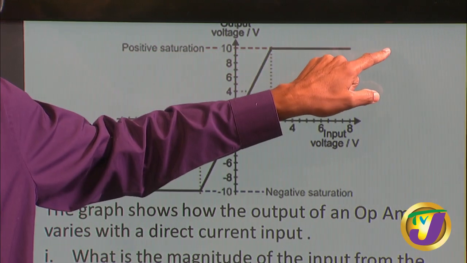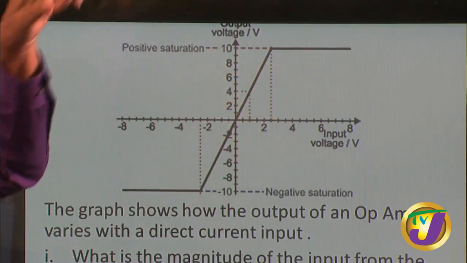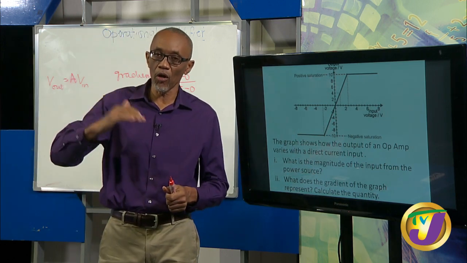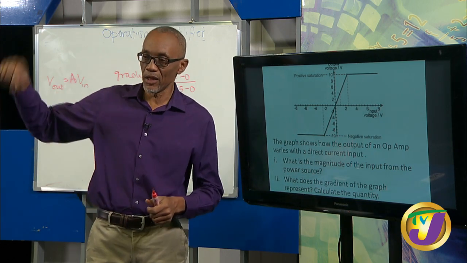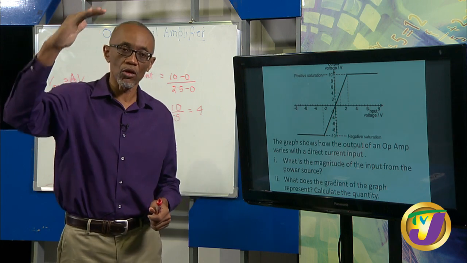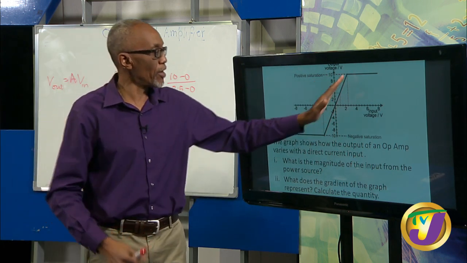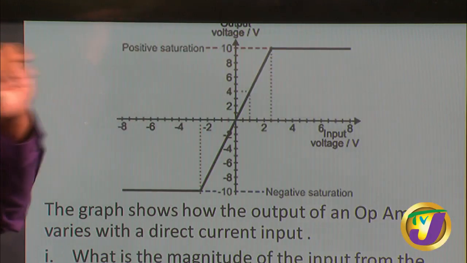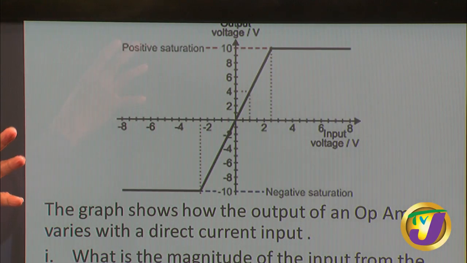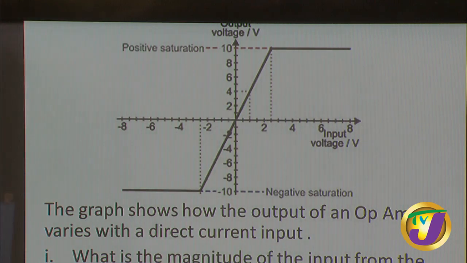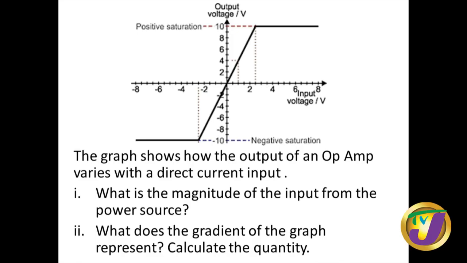When we looked at the alternating input, we saw that the top of the sinusoidal curve was cut off, so we call that clipping. Here, with the direct inputs, we call it saturation. It's the same phenomenon, but it looks different because of the two different types of inputs.